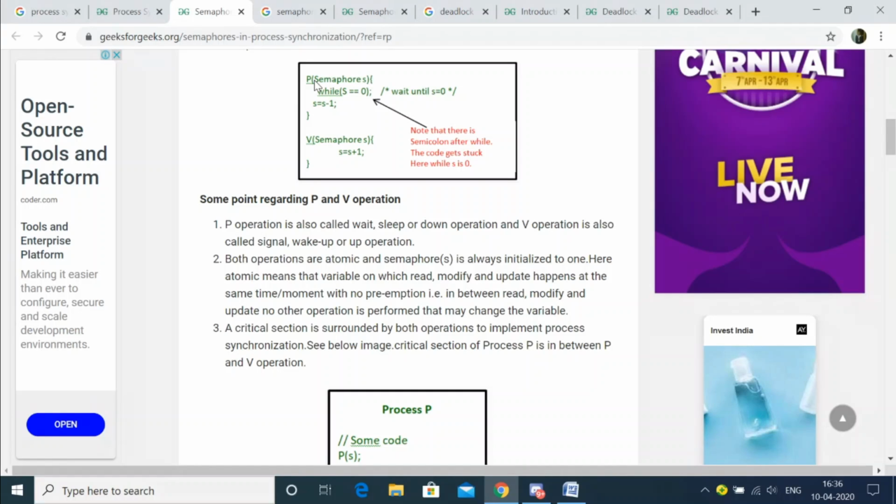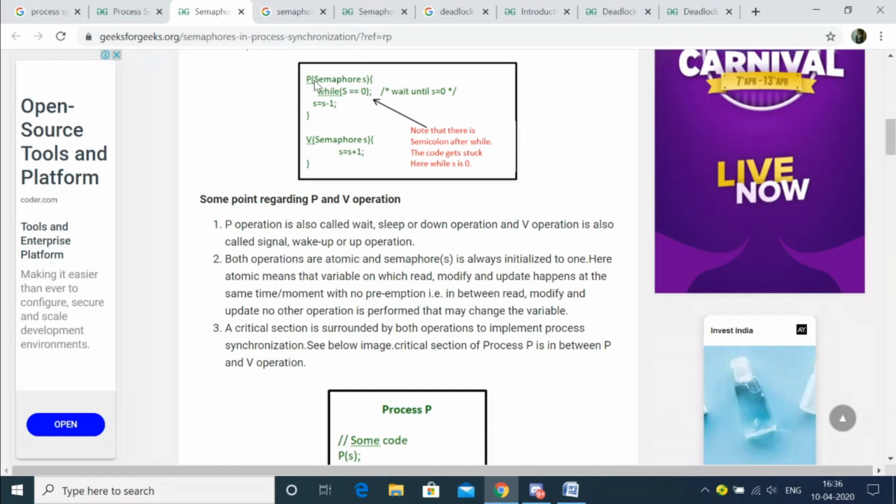So when I say that the operations are atomic, what does it mean? Atomic means that if a variable is in a write mode or read mode, there may be some operation being performed on that variable, whatever it may be.